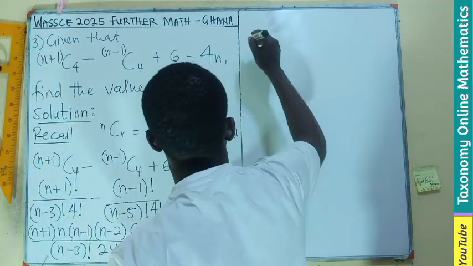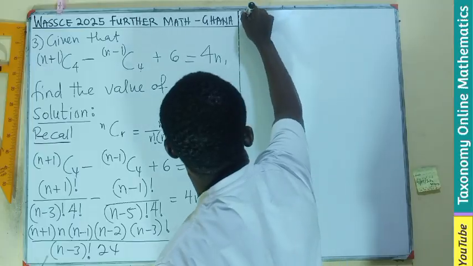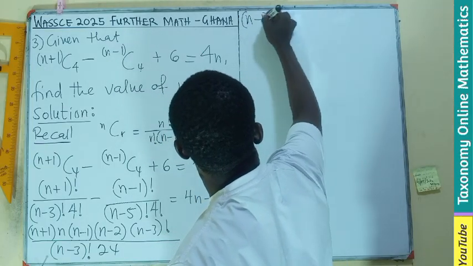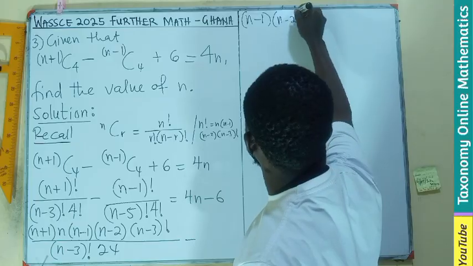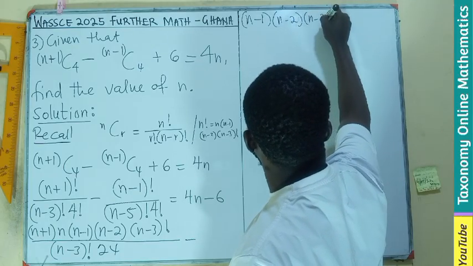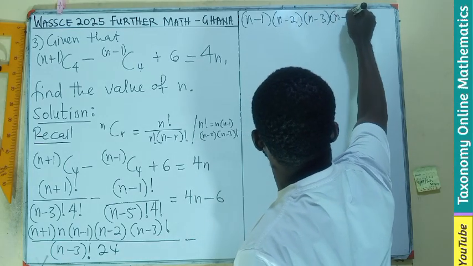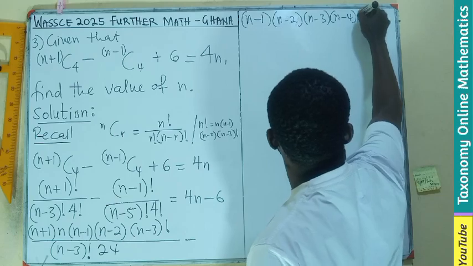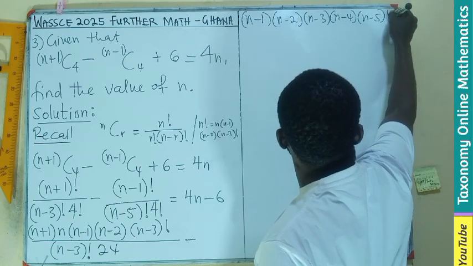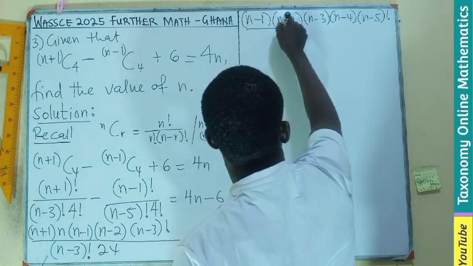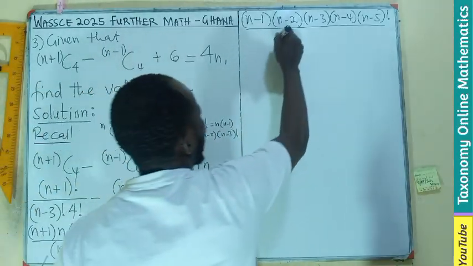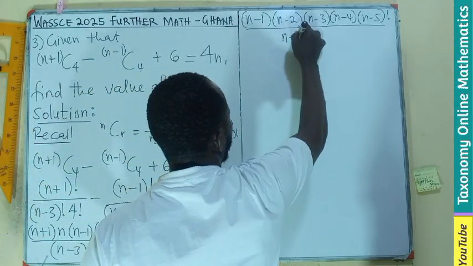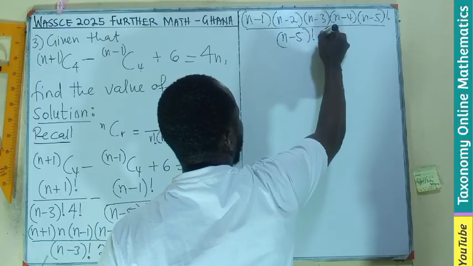The first one is n minus 1. We subtract 1 from it: n minus 2, n minus 3, n minus 4, n minus 5, then factorial, divided by the (n−5) factorial times the 24.